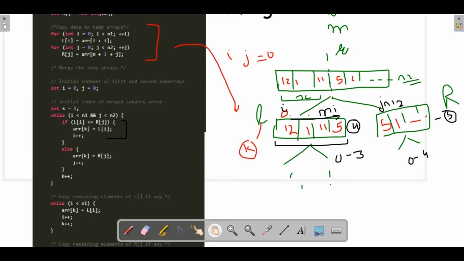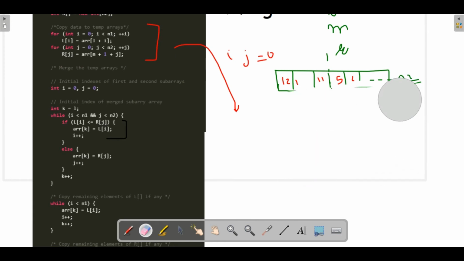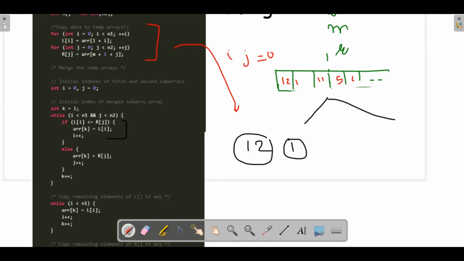Okay, so now assume that we got sorted elements. So we got 12 as one entity, 1, then 11 for your first array, and 5, 6, and 2 for your second array.